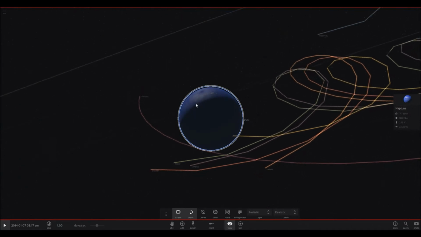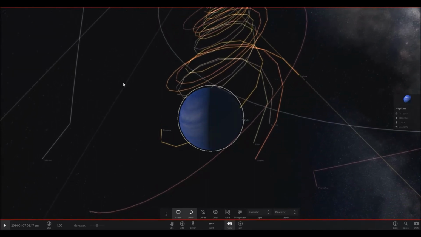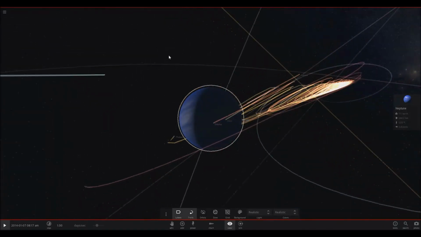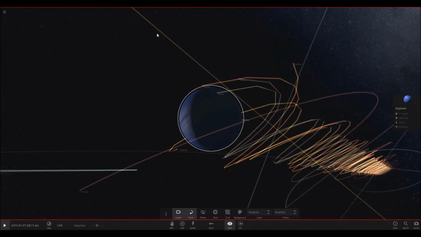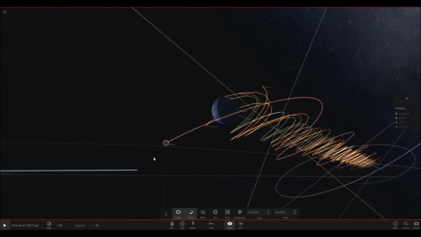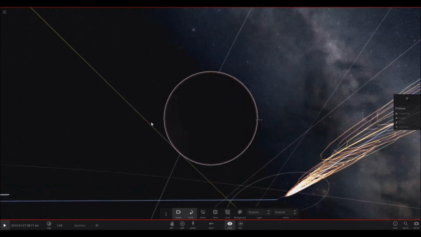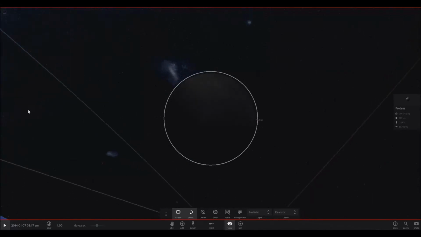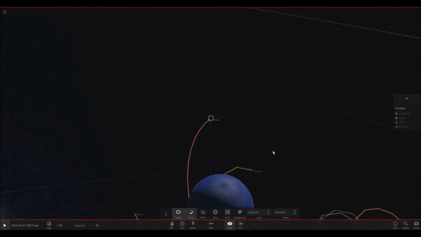Okay, I can't see all of the moons here by the looks of it. Triton is definitely the biggest one, but the next one down is Proteus, which is there. So let's have a look at Proteus. It's a very dark moon.